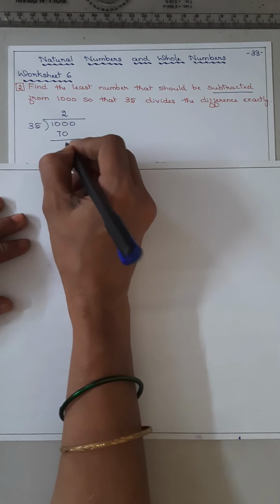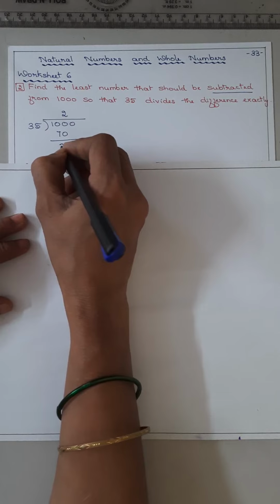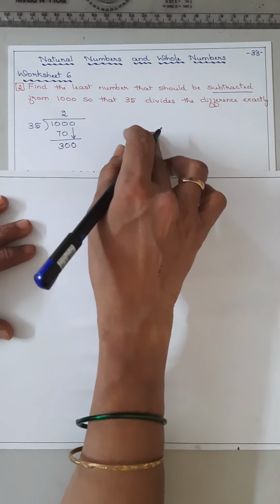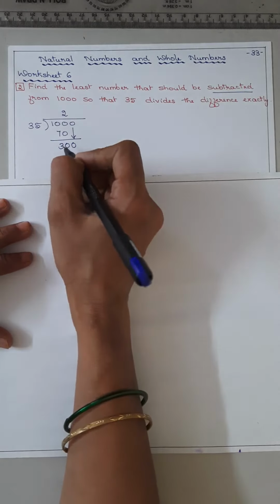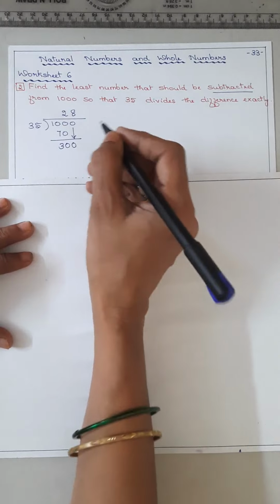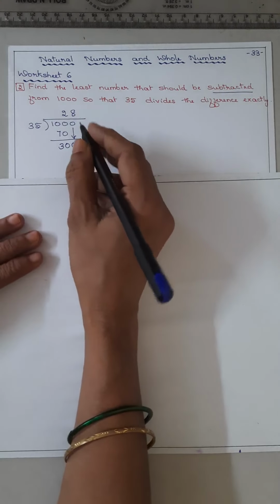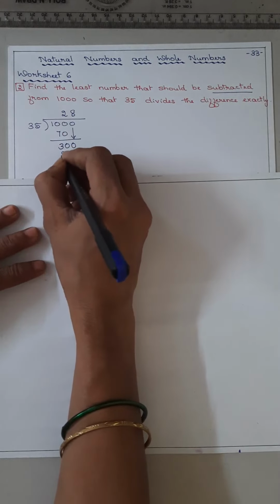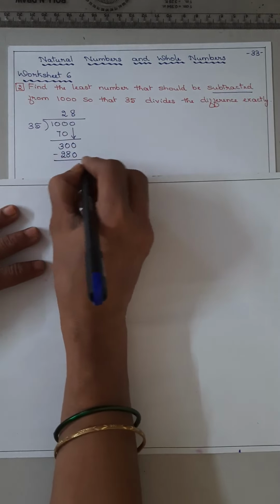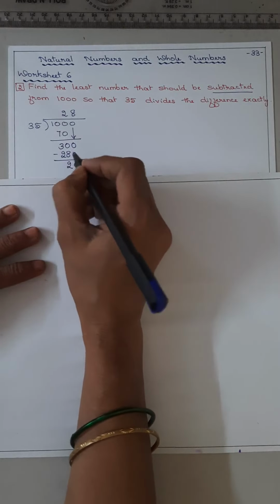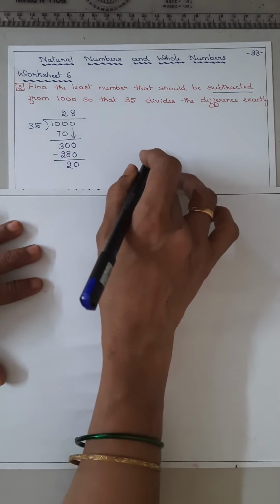Now 10 minus 7 is 3. Bring this 0 down, so 35 and 300. 8 5s are 40, 8 3s are 24, 25, 26, 27, 28. 10 minus 8 is 2, 2 minus 2 is 0.